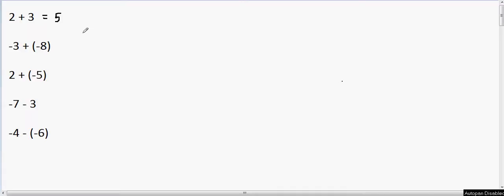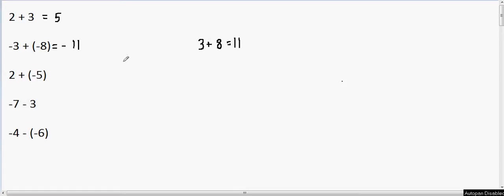We then add the two numbers without the minus sign, so we just add 3 and 8 together. Since 3 plus 8 is equal to 11, our final answer is minus 11.